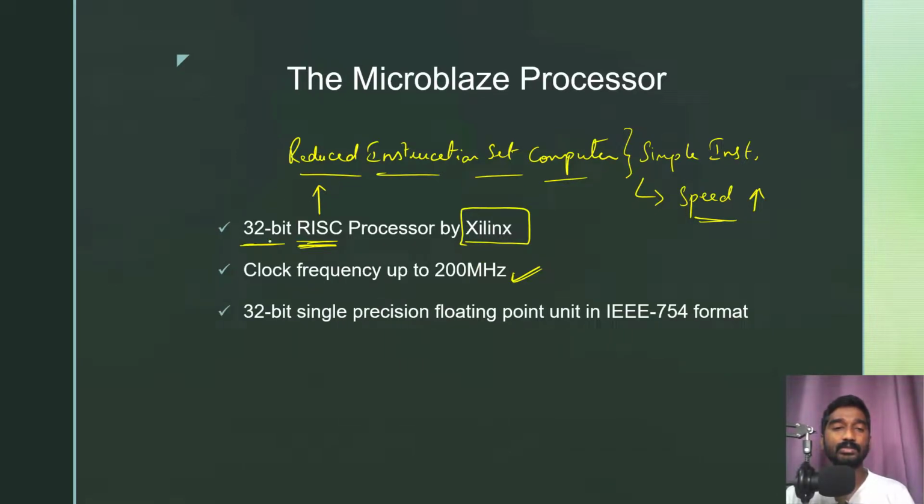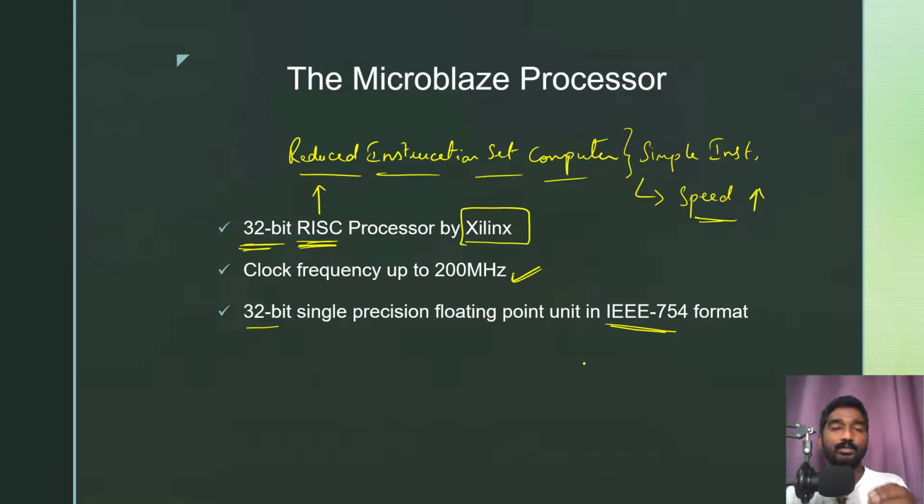As the processor is a 32-bit processor, the Microblaze processor has the ability to include a 32-bit single precision floating point unit in the IEEE 754 format. So this increases the overall speed of the Microblaze processor. So this is just an introduction to the Microblaze processor.